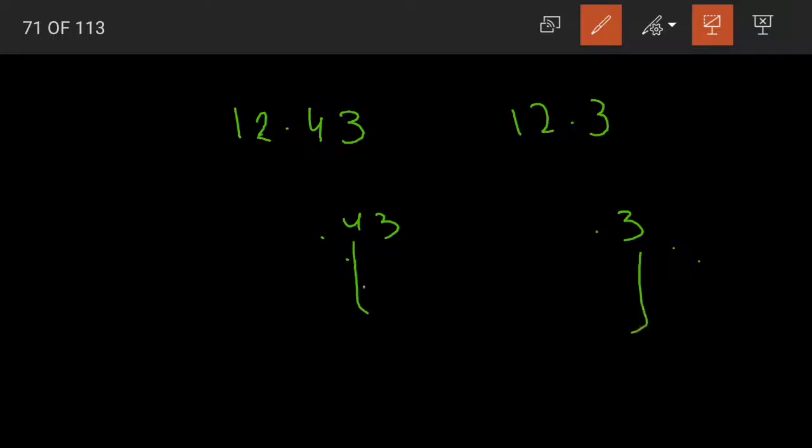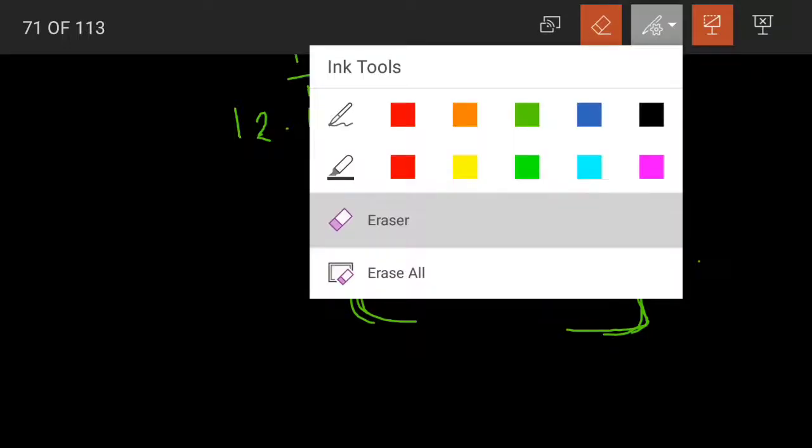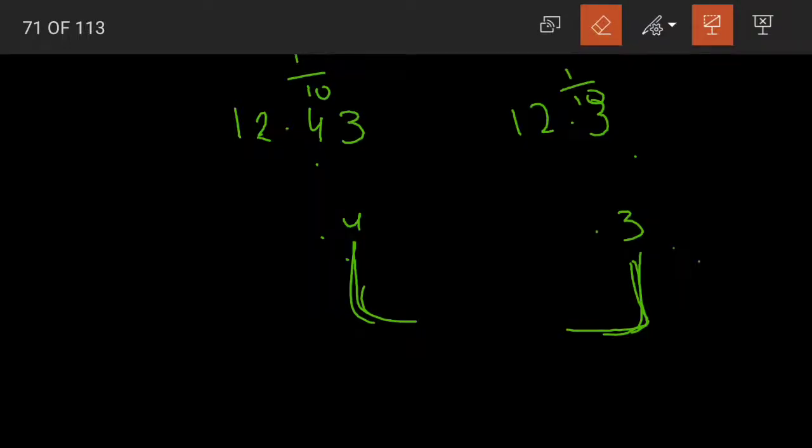We'll compare the digits in the same places. It's the tenths place, the 1/10 place. So here we have 4 and here we have 3. Now when I compare 4 and 3, 4 is greater than 3. So the number 12.43 becomes greater than 12.3.